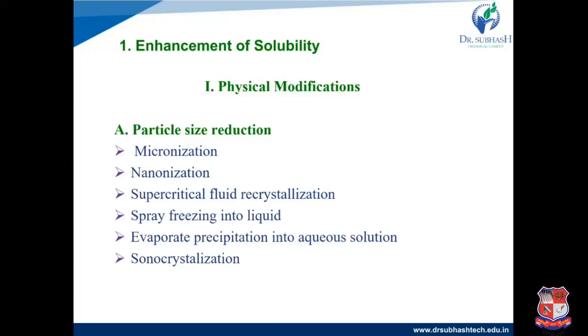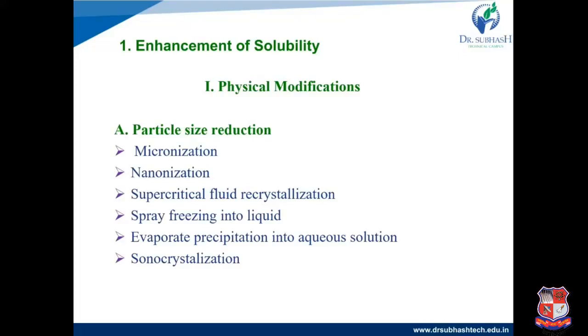The first one is micronization. Micronization is also called micro milling or milling techniques. Here we see a direct relationship between the surface area of the drug and the dissolution rate.